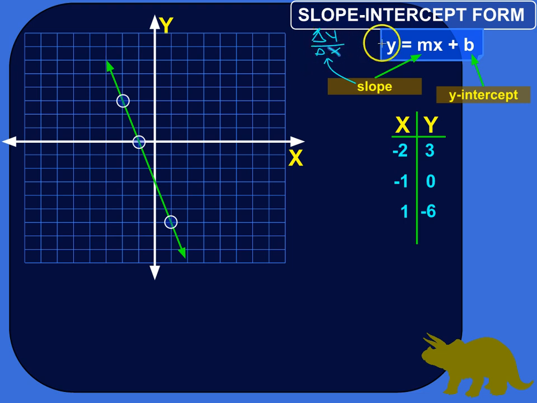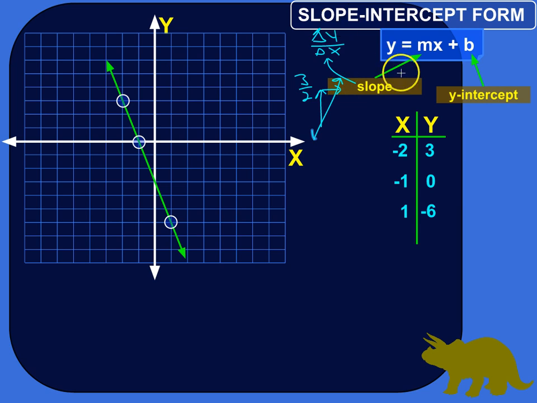You might have heard it called rise over run. I like to call it just change in y over change in x. Meaning, if a slope is 3/2, that means I've gone up 3 and over 2. So the steepness would be something like that.